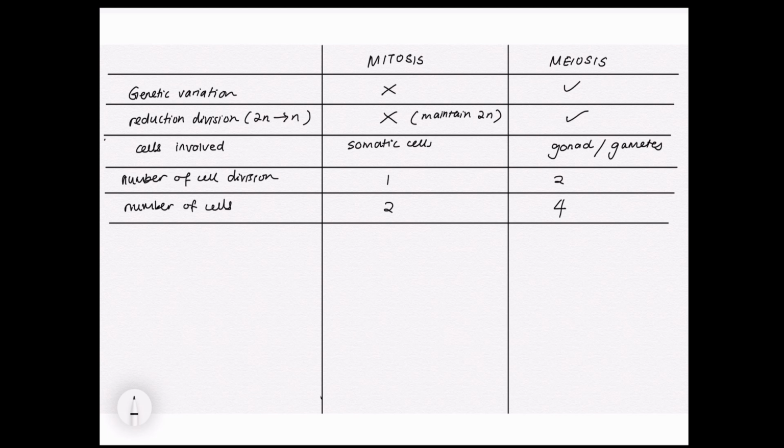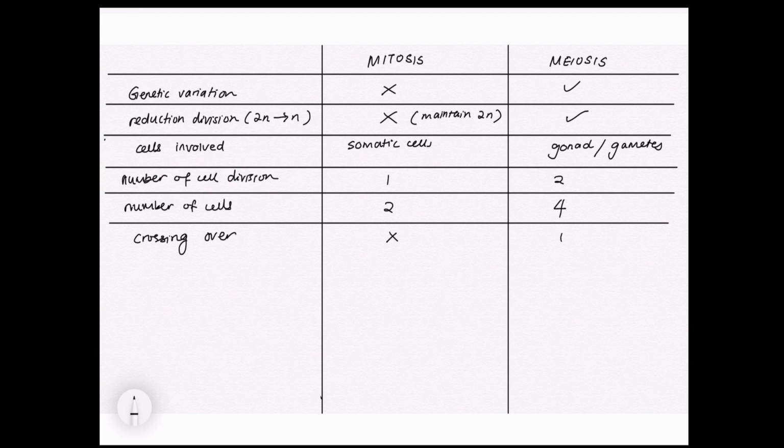So this is the general overview of the difference between mitosis and meiosis. Now let's zoom into the detail. Let's think about the prophase. During prophase 1, what makes the meiosis prophase 1 different? In meiosis 1, there's crossing over, which does not exist in mitosis.